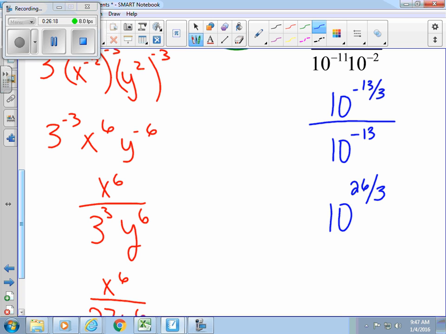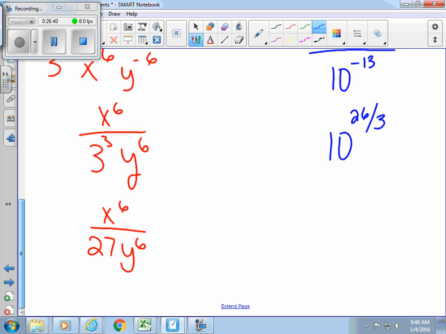So we learned something. Is that the same as 1? No. So we can't just cancel things. Now, when can we cancel things? Well, if they're the same exponent, then of course we can cancel. But the property is subtraction. Let's talk about why really quick.